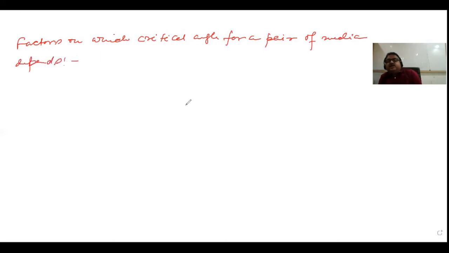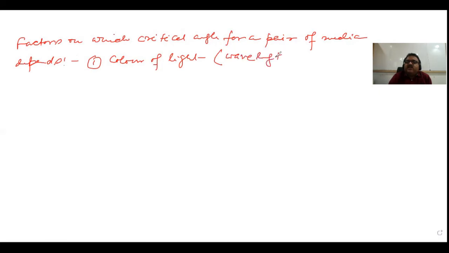Okay. Number one, it depends upon the color of light, which also means it depends upon the wavelength of light. Okay. Remember, different colors have different wavelengths. So, for the same pair of media, for different colors of light, critical angle will be different.